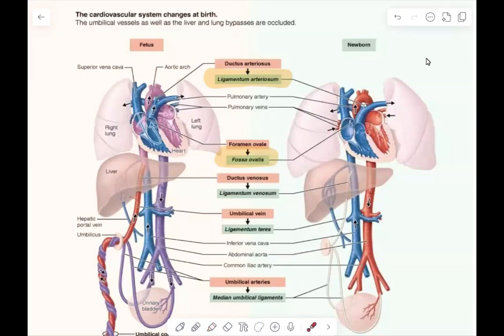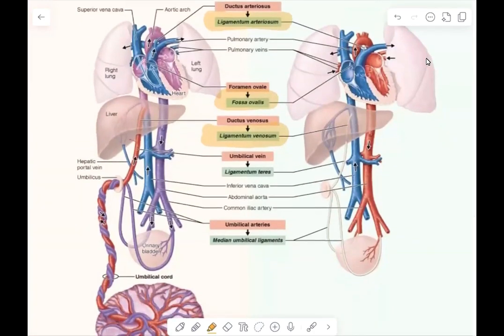The ductus venosus is the bypass through the liver. After birth, that's going to close and become the ligamentum venosum. Then the umbilical veins and the umbilical arteries are no longer going to be needed after the umbilicus is cut. So the umbilical vein becomes the ligamentum teres, and the umbilical artery becomes the median umbilical ligament.